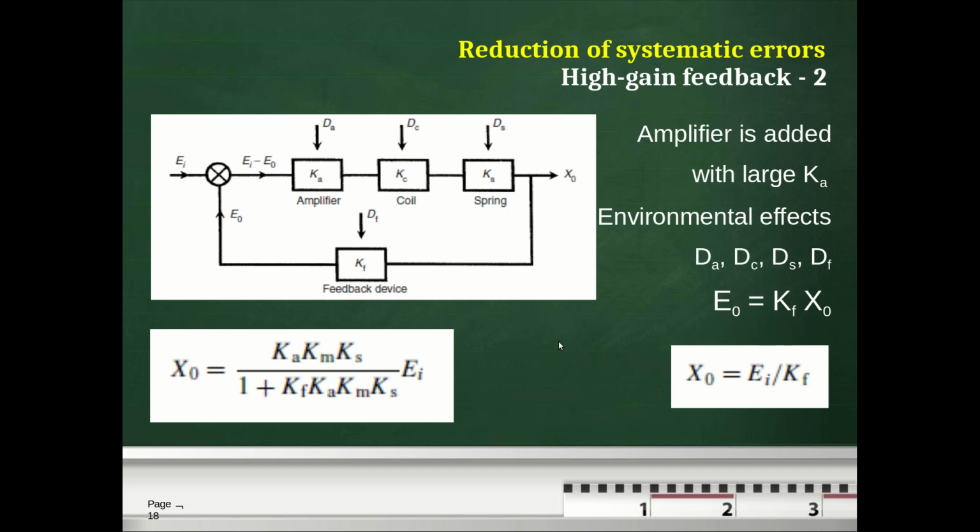So it's equivalent to all of them, and I measure the value, I enter it to the feedback device, and the feedback device introduces the E0, so I subtract EI minus E0. So the value here, EI, is almost the value that I want. The idea is like the opposite value, but here we use a feedback device.